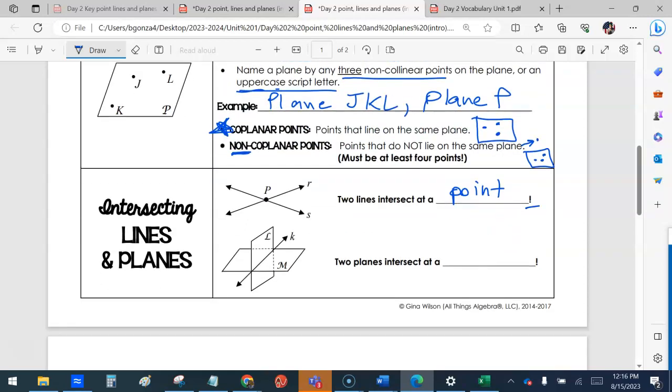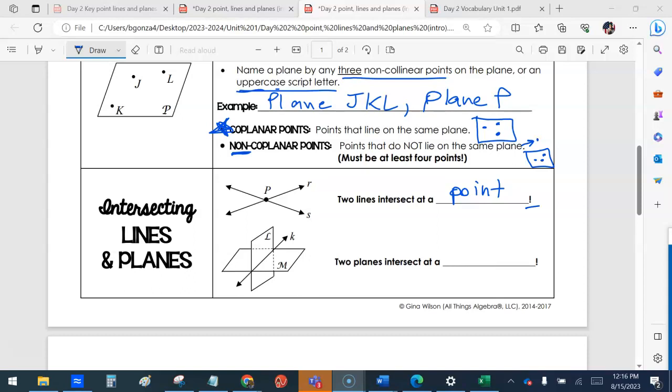Now think about this next one. What about 2 planes intersecting? Not airplanes, geometric planes. If I have 2 planes that are crossing, think about it like this. I got a piece of paper and a piece of paper. They're flat. Where do they touch? What does that make when they touch? A line.